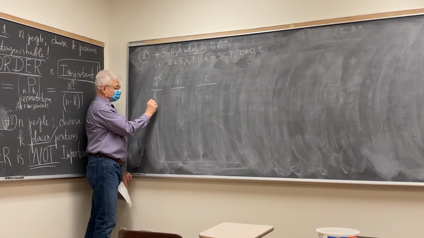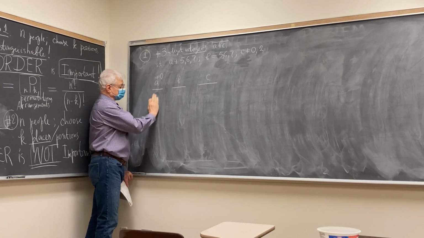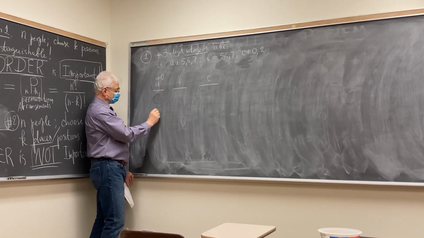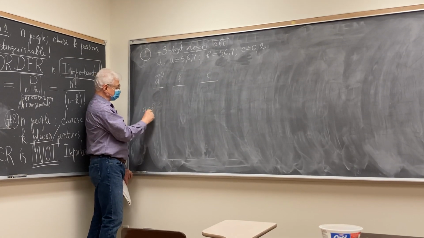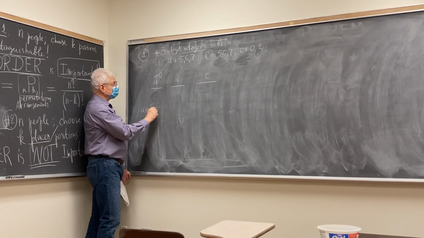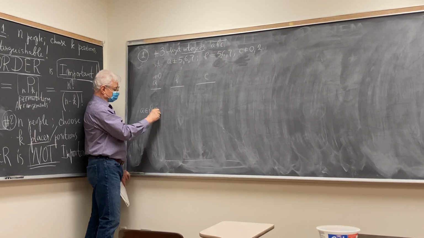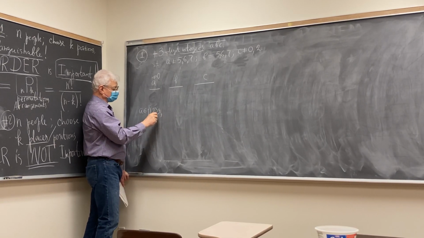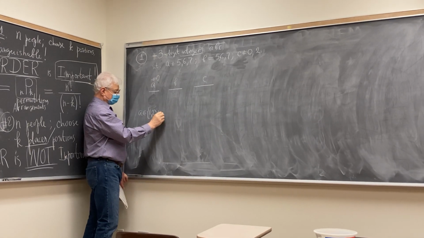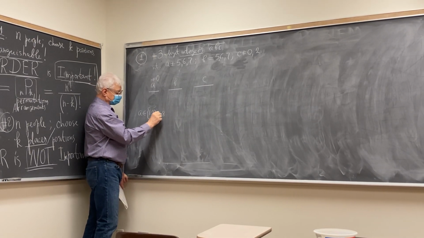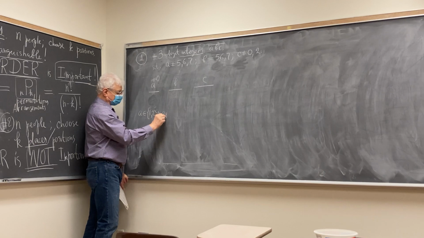I can put 1. So A must belong to the following set: 1, 2, 3, 4, not 5, not 6, not 7, then 8 and 9, right?